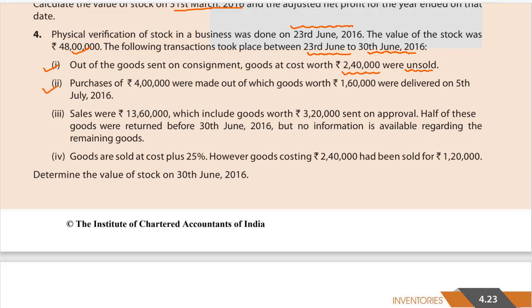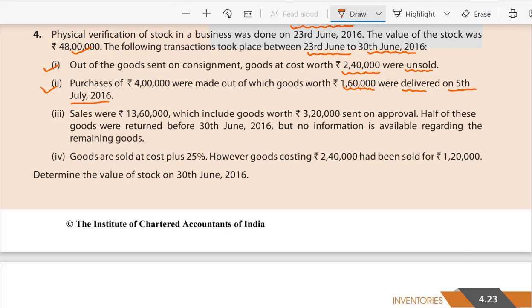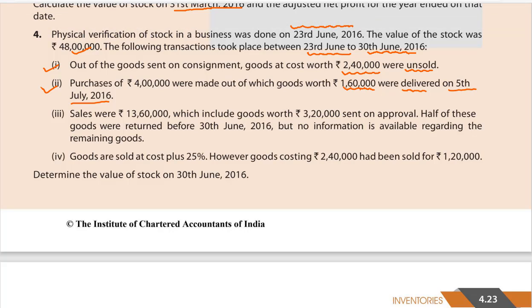Point number 2. Purchases of 4 lakhs were made, out of which goods worth 1,60,000 were delivered on 5th July. So we had made purchases, but the goods were actually delivered on 5th July. Point number 3.